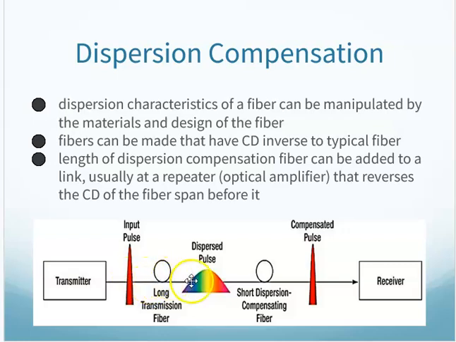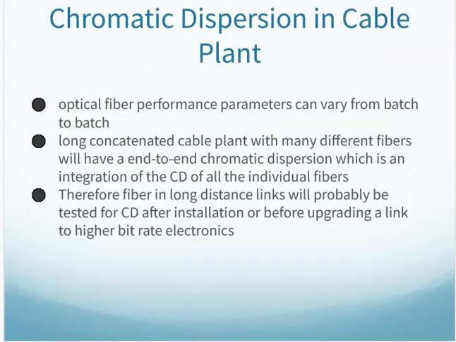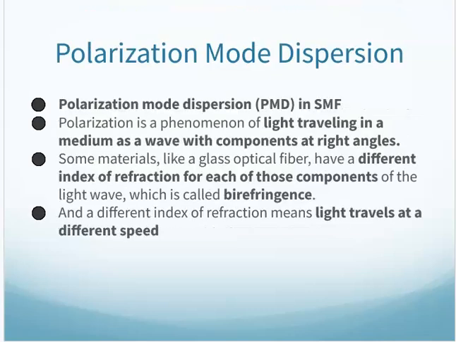If you have a signal that's spread out, I can run it through a dispersion compensating fiber and get rid of that and bring that signal back nice and tight again before it goes on your long distance runs, your long connections. And here they talk about dispersion over distance. If I have a bunch of different fibers connected through over time, the chromatic dispersion might be an issue, so you might actually do a measurement of the whole system once it's installed.